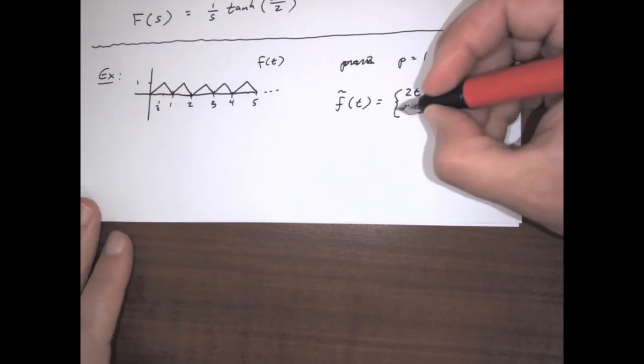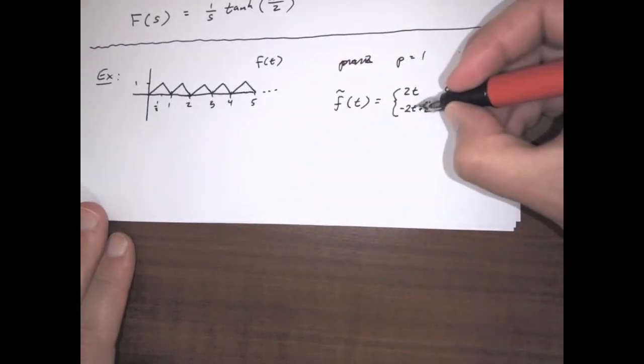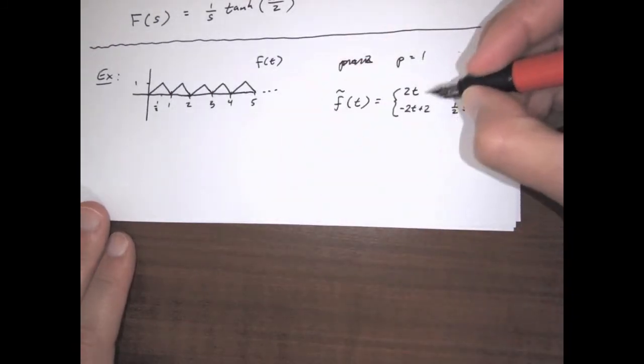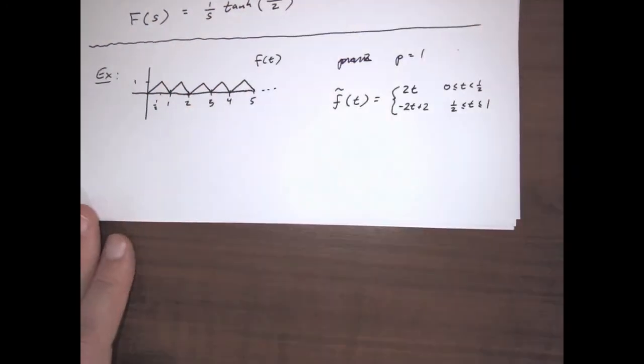And then a quick check on this: is this right? If we plug in 1/2, we should get 1. So we would get -1 plus 2 is 1. And if we plug in 1, we should get 0. Okay, so it checks out.